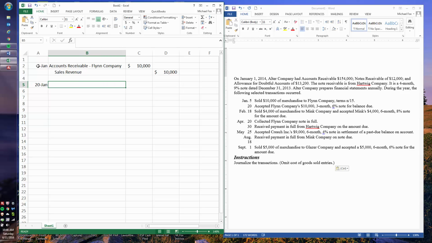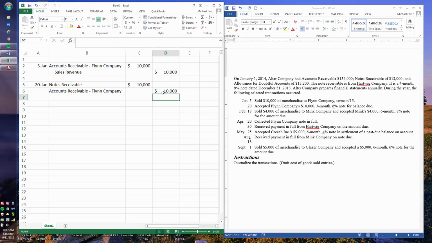All right. So if they are going to write us a note, our asset notes receivable increases or is debited by $10,000, and our asset accounts receivable is going to decrease or be credited by $10,000.